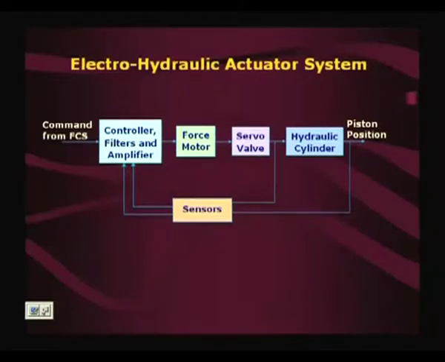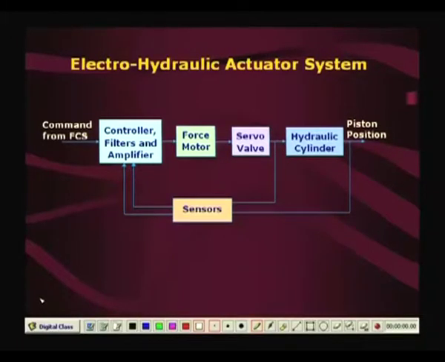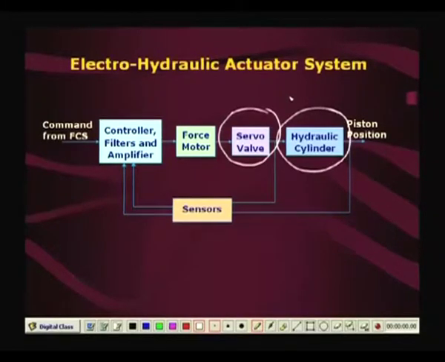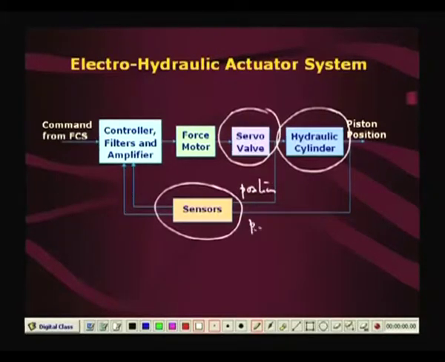This is a block diagram of that actuator system, which is electro-hydraulic in the sense that this is a hydraulic servo valve, this is a hydraulic power piston. These are the sensors which sense position. The servo valve spool position and the piston ram position are basically LVDTs. They give feedback to the controllers, and the controller drives a coil.